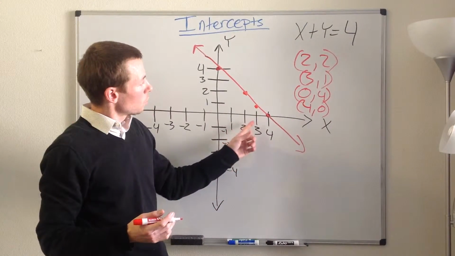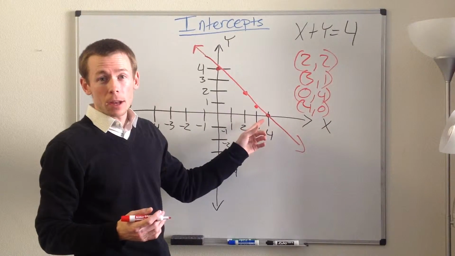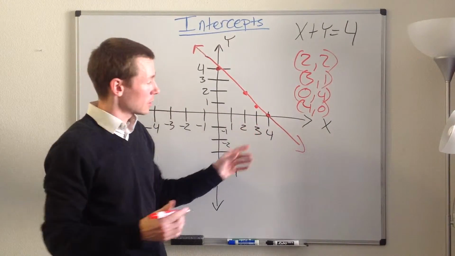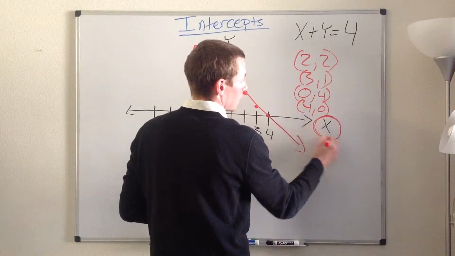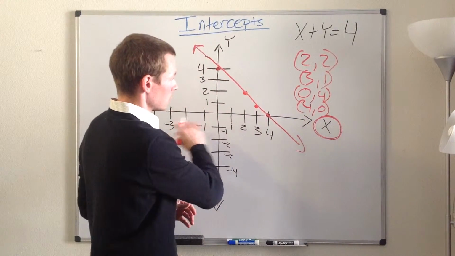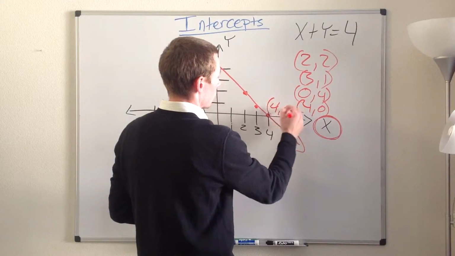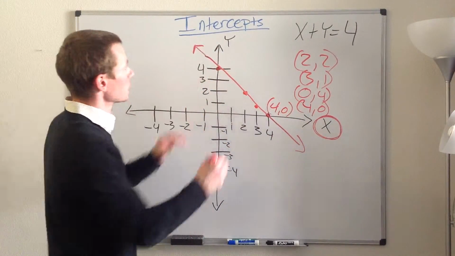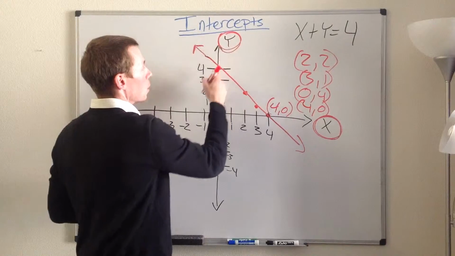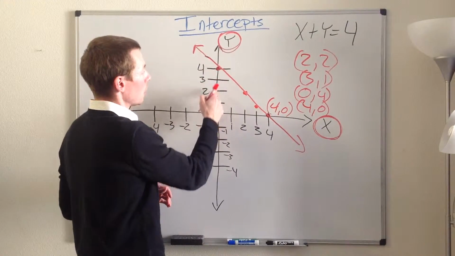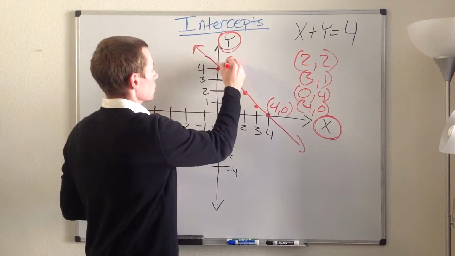So notice the coordinates of the point when it hit the x-axis. Here is the x-axis, and this point here is 4, 0. Here's the y-axis. What's this point? 0, and then you go up 4.